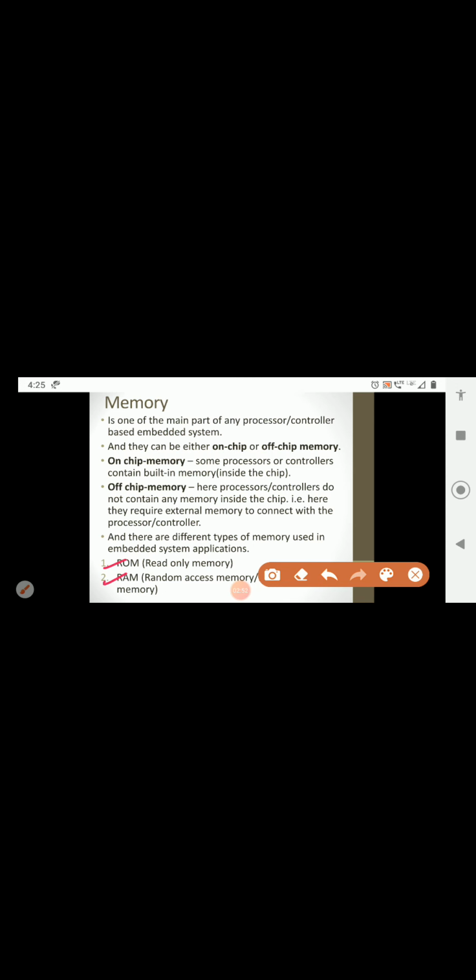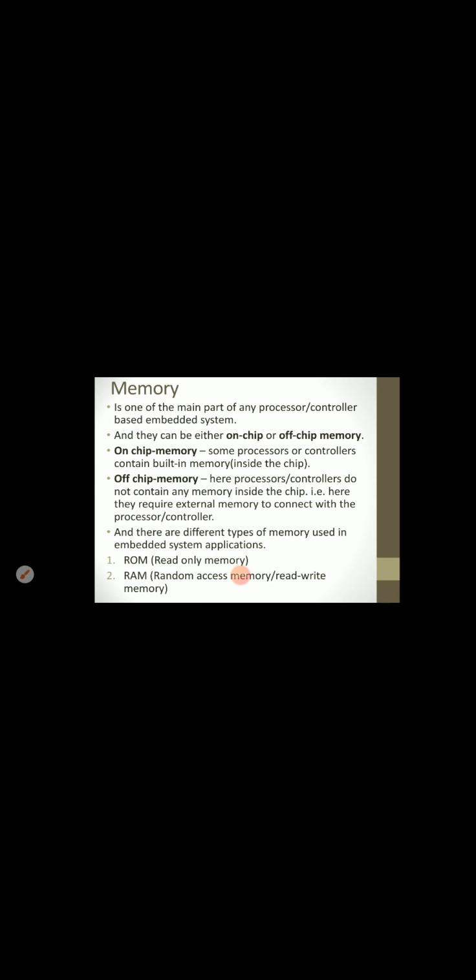So the memory can be categorized into on-chip and off-chip memory, and further there are different types used in embedded system applications: either ROM, read-only memory, or RAM, that is random access memory, which we also call read-write memory. Now we will see some different examples of ROM types and RAM types in the upcoming slides.